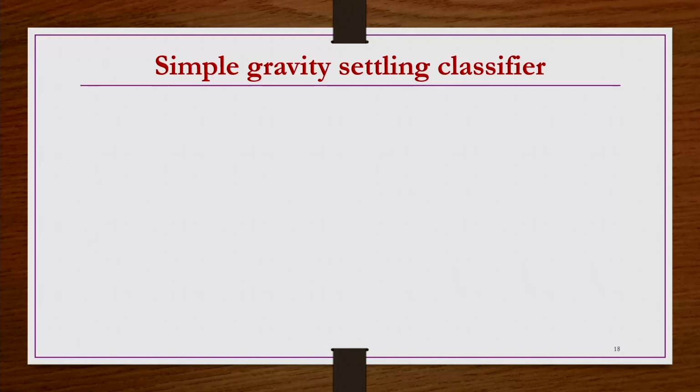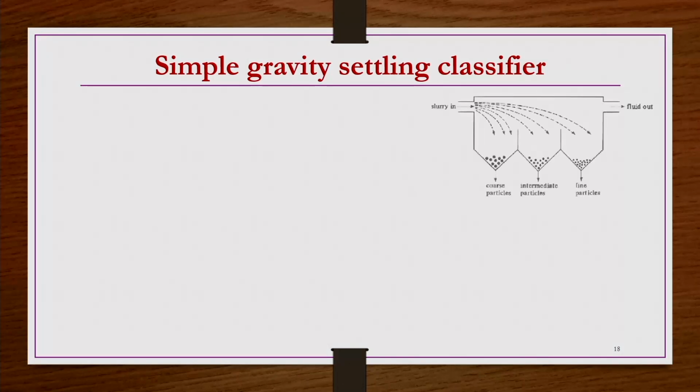Another equipment is the simple gravity settling classifier. Here we have a large tank that is divided into several sections. I have shown only 3 sections, but it can be more than 3.